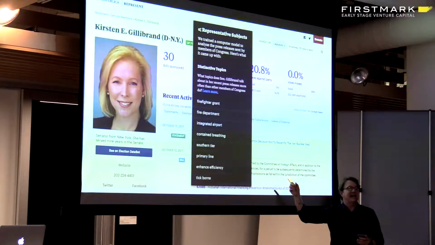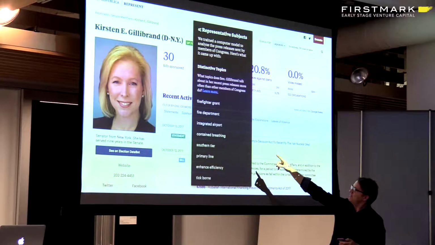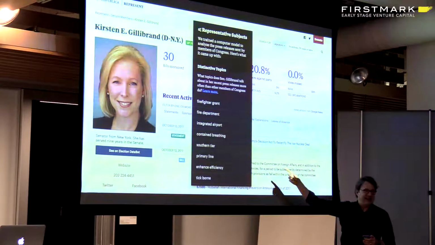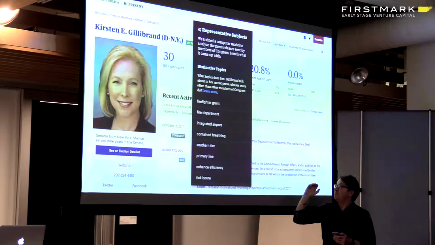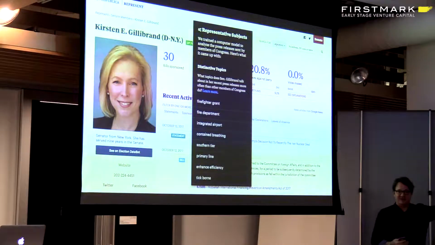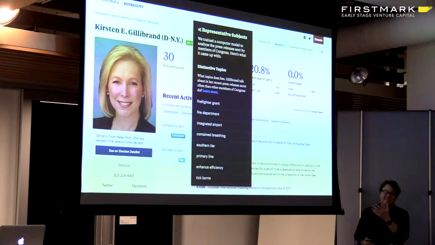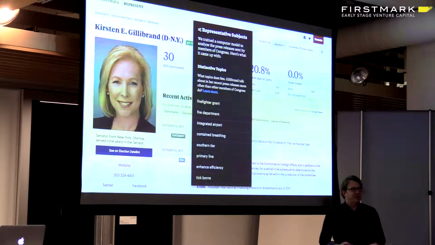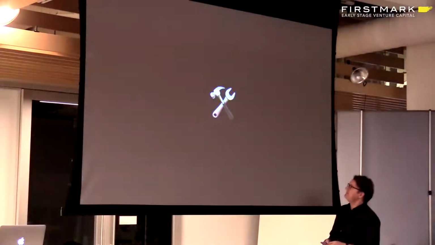She's interested in these items, and other people are less interested in them. So we have firefighter grant, fire department, contained breathing. What's that about? Anybody know? Why would she be interested in those things? Well, she was a big proponent and pushed through a lot of the legislation around first responders and care for the 9/11 responders. So that popped out. The AI was able to detect that. This can be very useful for reporters. This happens to be a public thing, but it's a way that AI can be useful for journalism.